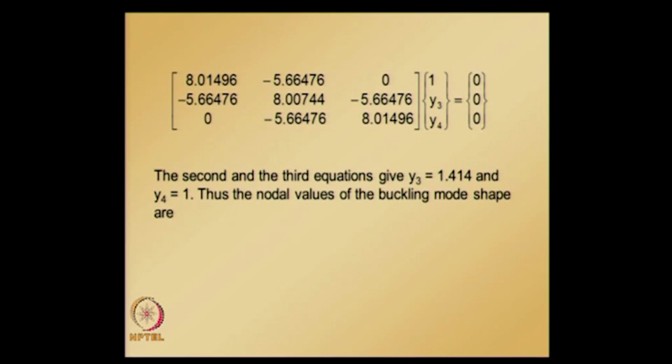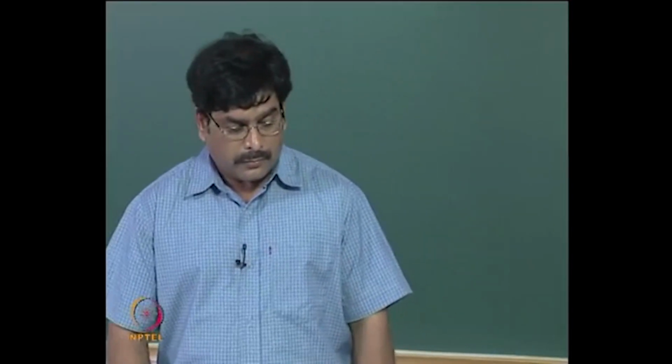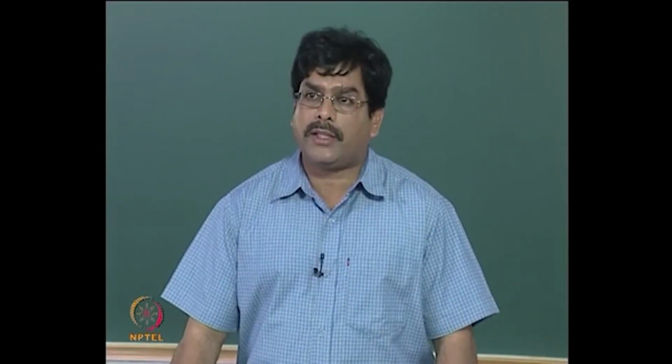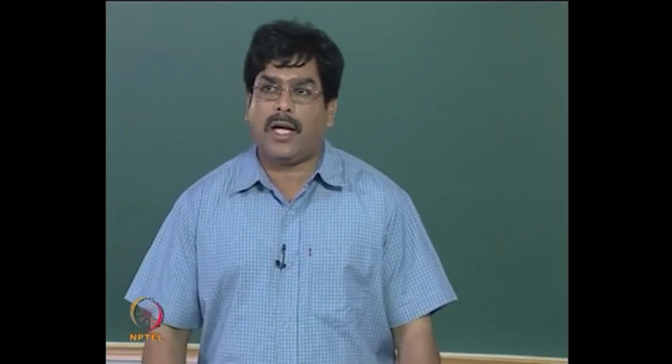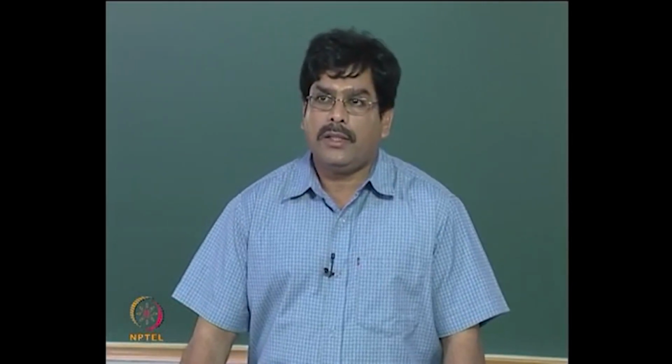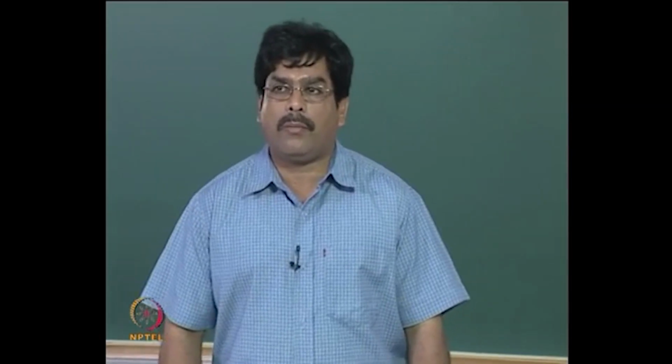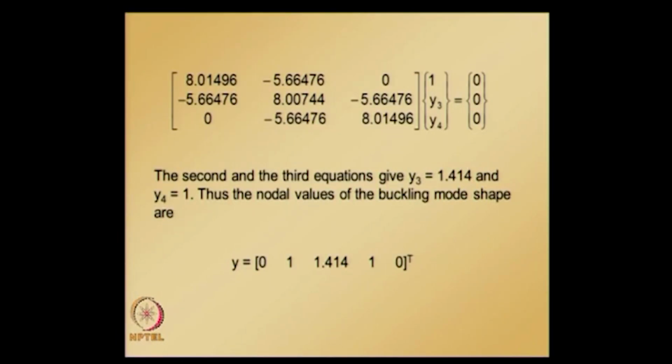So, second and third equations give y3 and y4, thus the nodal values of buckling mode shape are y1 is equal to 0, which is the essential boundary condition, y2 is arbitrarily equated to 1, and we solve for y3 and y4, which happen to be 1.414 and 1, and y5 is again 0.